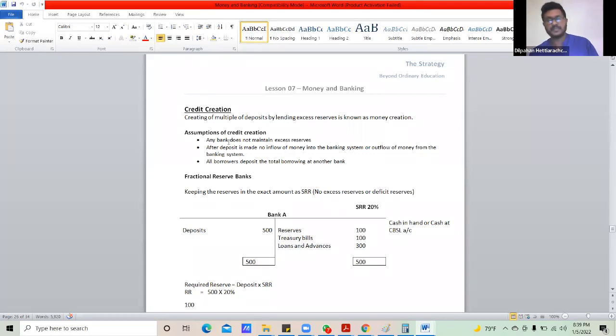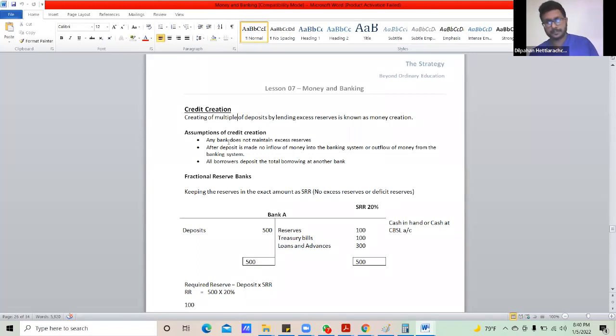Commercial banks then create multiple times of deposits from the money they have accepted from their customers. For example, if I deposit 1 million in my bank, say Sampath Bank, Sampath Bank will not keep that money with them. They will give a loan of that 1 million to another person.